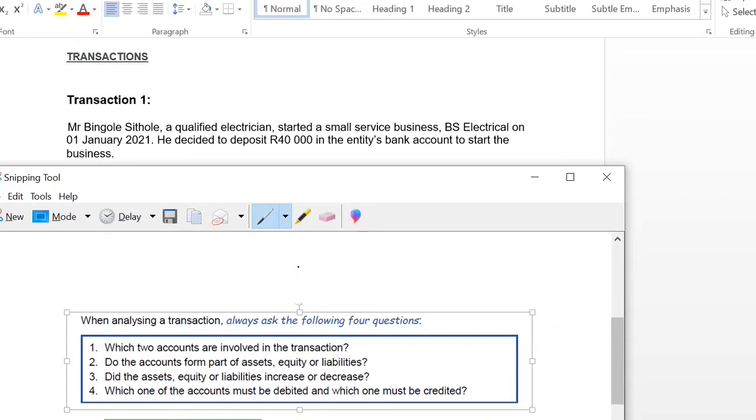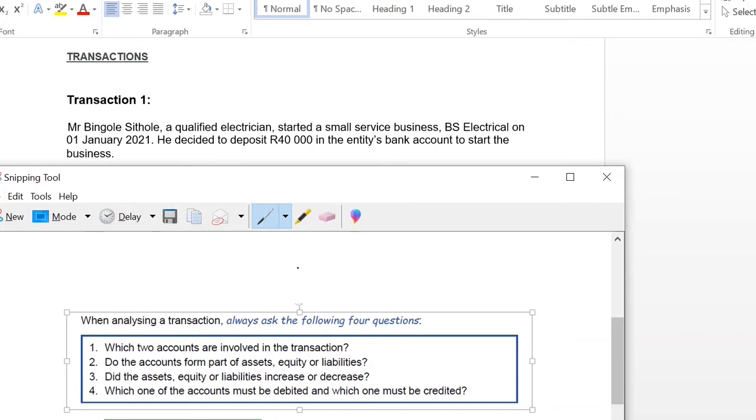Those are the 2 accounts. What is capital? Capital forms part of equity. It's the money that the owner contributed to the business. So number 1, the 2 accounts are capital and bank.